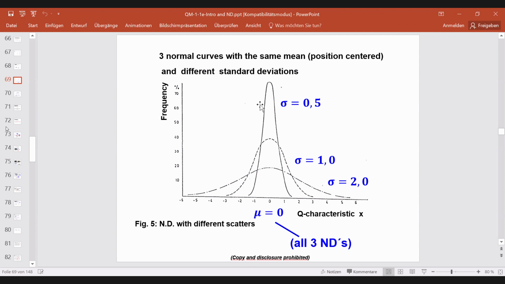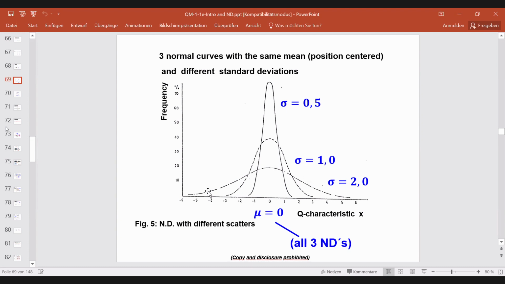Here, this curve has a much better precision of the production because the parts are not so far away. The measurements are not so far away from the mean value here. Here, there are a lot of parts smaller than the mean, and here bigger than the mean.